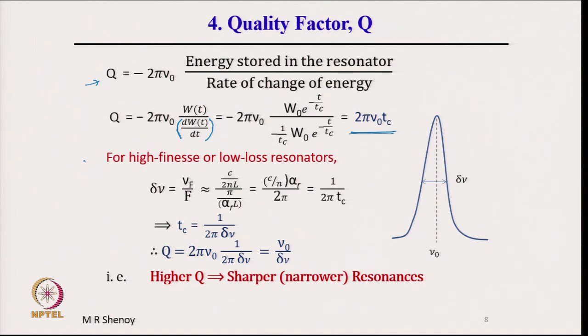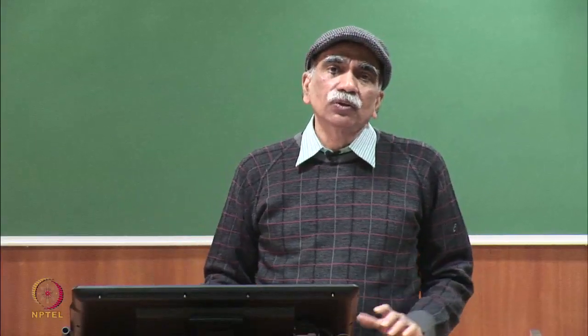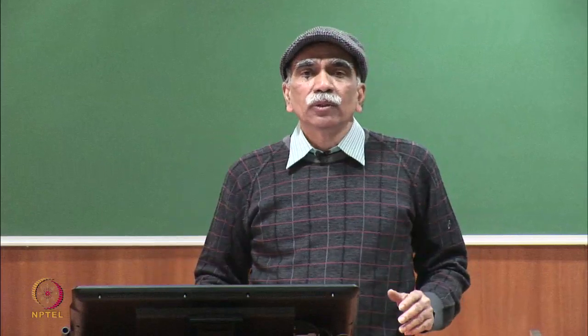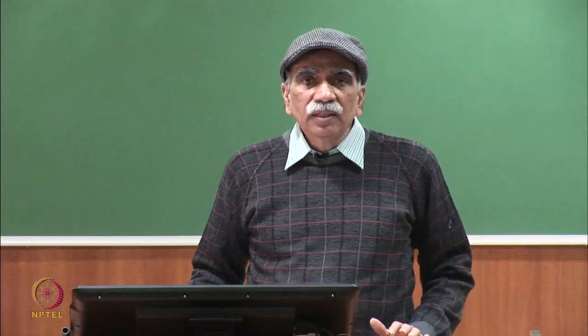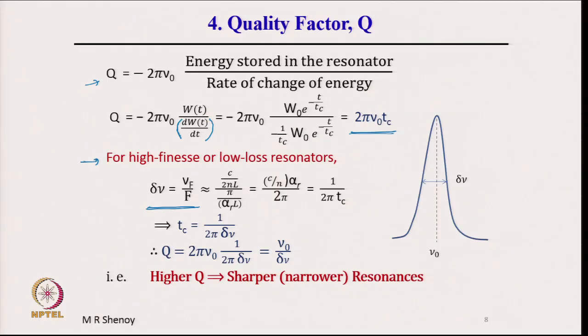For high finesse or low loss resonators, we already have obtained this expression. In fact, this expression is a very good expression even when finesse is just above 10, 15 or so, need not be going to 1000 or a million, just greater than 10, and you will see that the expression is correct to second decimals or so. Now, delta nu is equal to nu f by F, where we substitute for nu f, c by 2 n l, and for F we just now derived the expression pi divided by alpha r into L. This is valid for high finesse resonators.